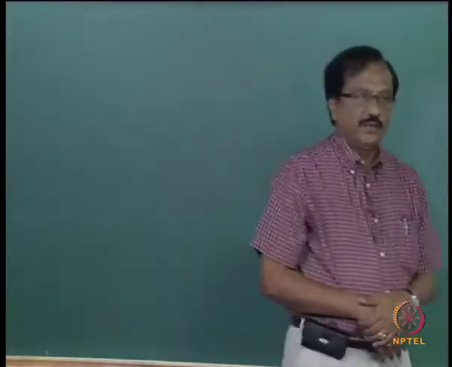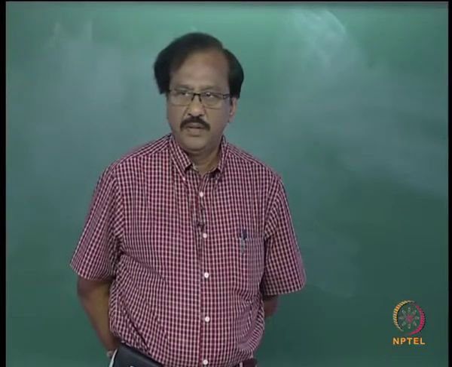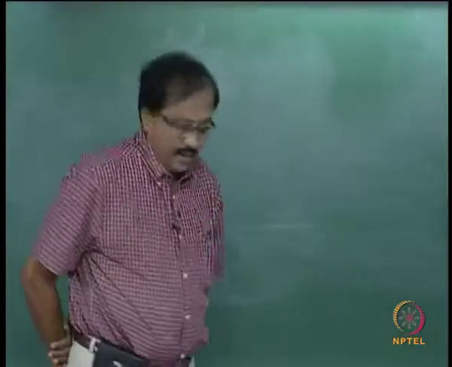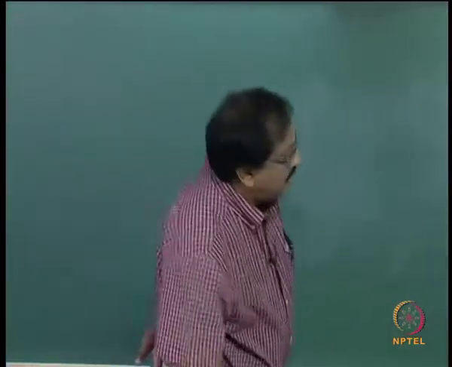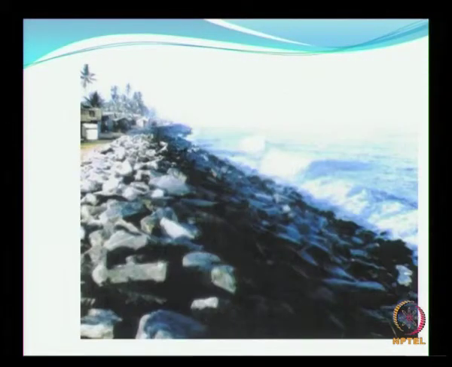That is the reason they use these days a geosynthetic material. So you need to have a drainage in order to drain the storm water. So this is another rubble mound sea wall.